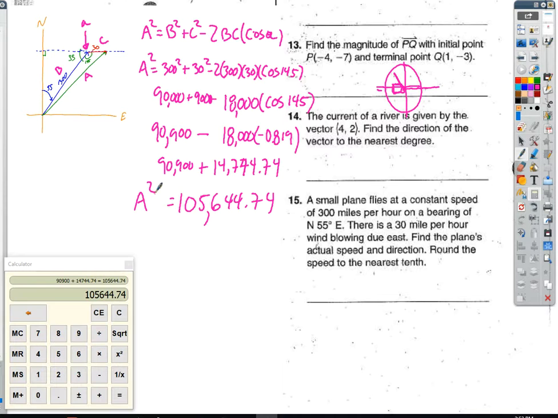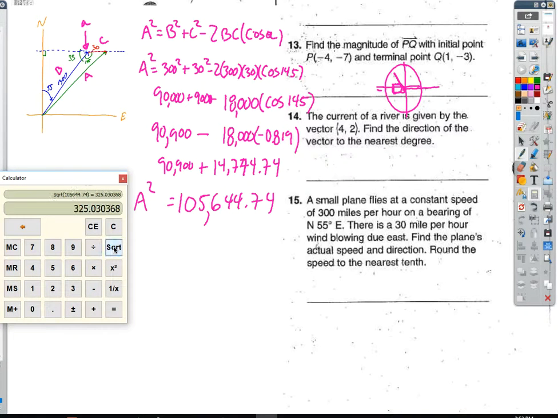So what do I have to do with this number? I have to square root it. And so that means that my length is 325. And so I have found my magnitude. The plane is actually traveling at a speed of 325 miles per hour due to the extra wind of 30 miles per hour blowing due east.